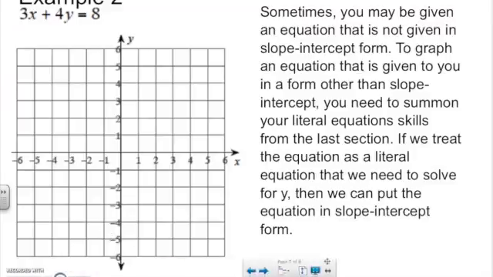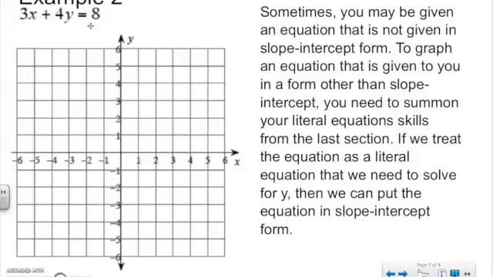Alright, let's look at one more example. Sometimes you might be given an equation that is not put into slope-intercept form. For example, we have this problem here, 3x plus 4y equals 8. To be able to graph an equation that's given to you in a form other than slope-intercept, we have to go back to that last lesson that we did on literal equations.